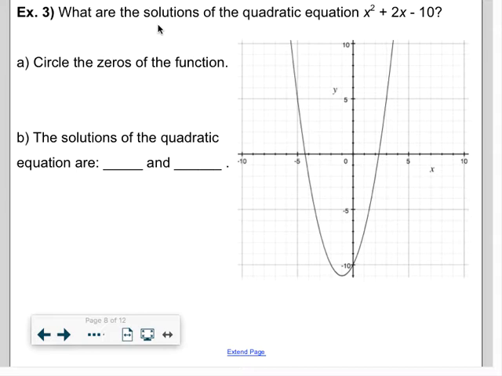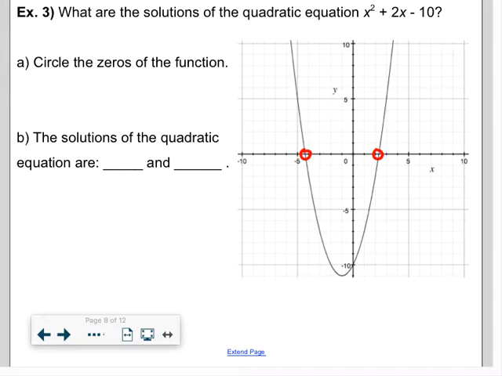Okay, so you look at the equation. Do you see they're not on an integer? So we are going to estimate these.